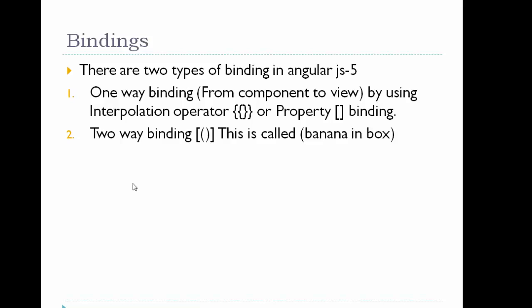One is one-way binding and second is two-way binding. In one-way binding, AngularJS uses the interpolation operator or property binding. In two-way binding, AngularJS uses the banana in a box notation.